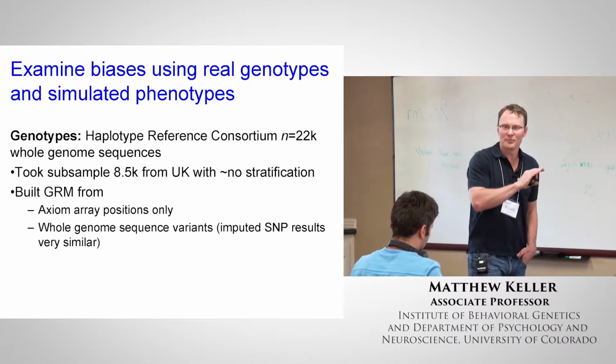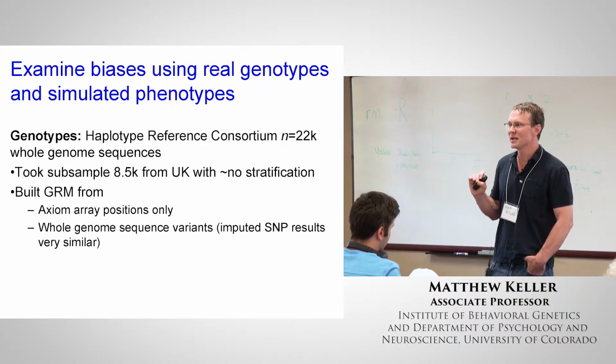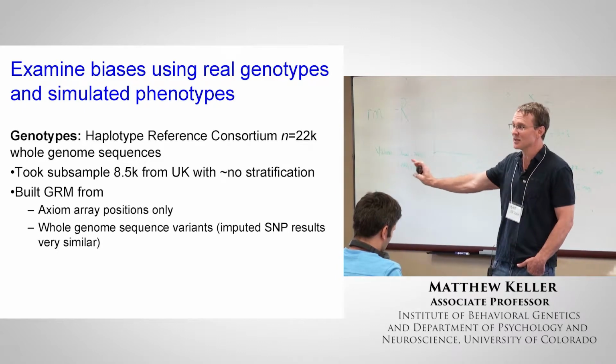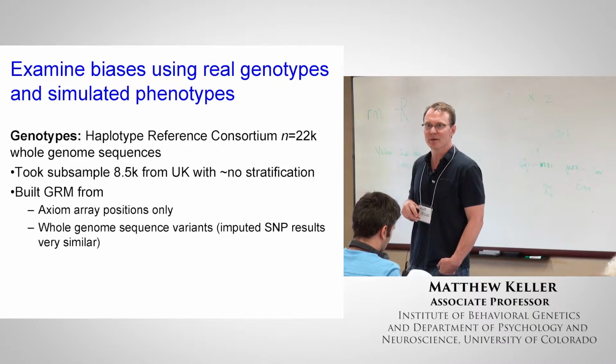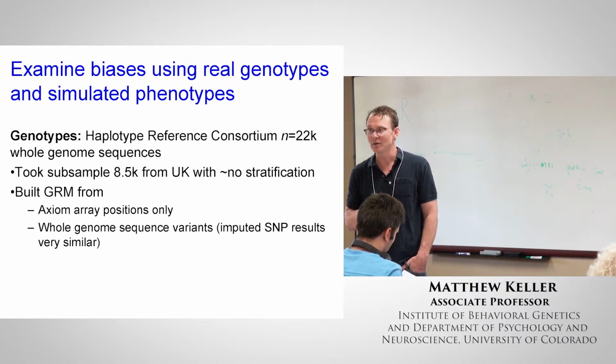For purposes here, we just wanted a very homogeneous sample to understand without any stratification issues, because stratification does play a role in these estimates, even if there's no confounding between the environment and stratification and ancestry. Even if there's no confounding there, it will still lead to biases in GRML, which, if I have time, I'll get to.